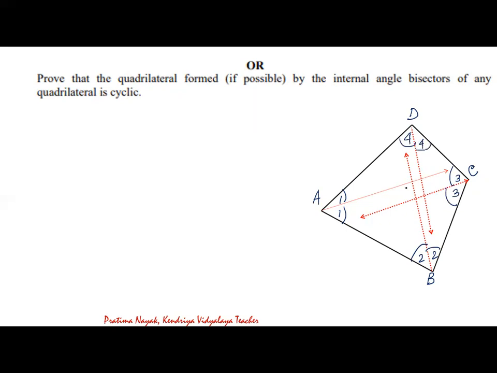These bisectors are drawn, and a quadrilateral is formed by the bisectors. So let us name this quadrilateral PQRS. You can pause the video and draw the figure first. You can draw a perfect figure. This ABCD is a quadrilateral.